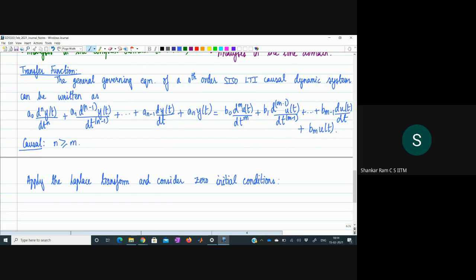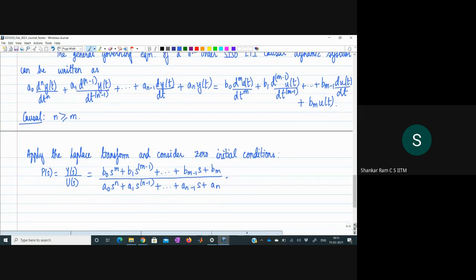All right. So if we do this and then cross multiply, we get the plant transfer function or the system transfer function, which is equal to Y(s)/U(s), which is equal to b0 s^m plus b1 s^(m-1) all the way till b(m-1) s plus bm, divided by a0 s^n plus a1 s^(n-1) all the way till a(n-1) s plus an.